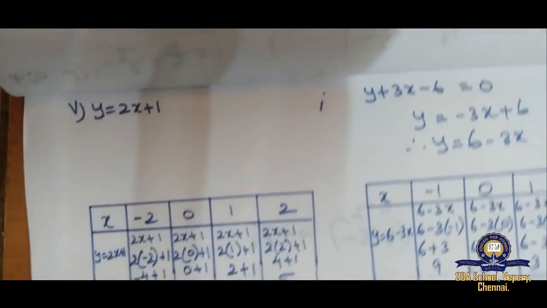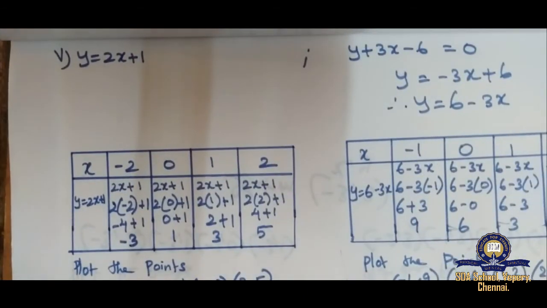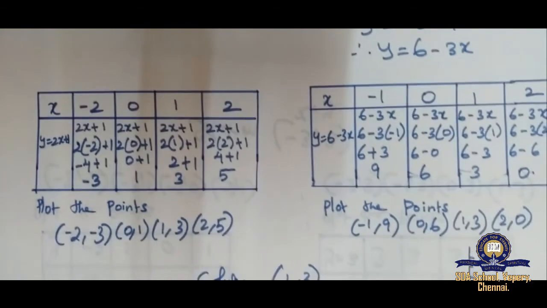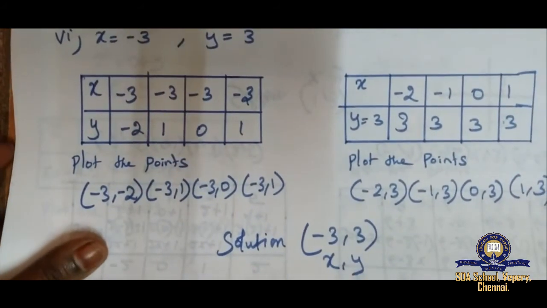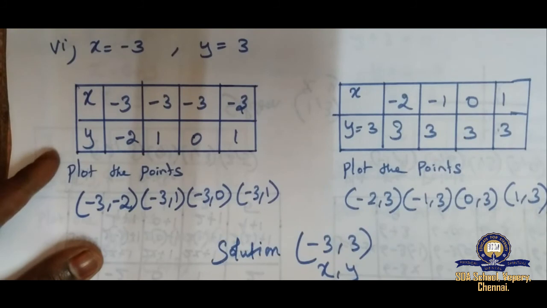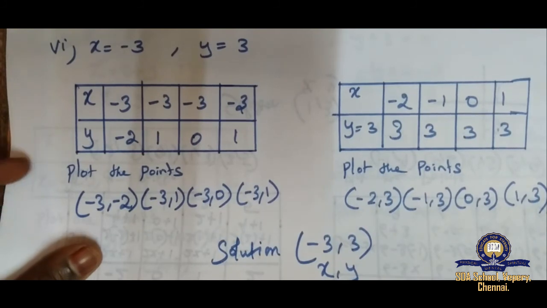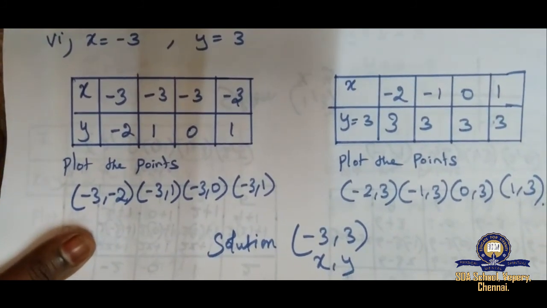Then fifth sum, y is equal to 2x plus 1 and y is equal to 6 minus 3x. Then finally we saw x equal to minus 3 and y equal to 3. After plotting the points, each equation plotted separately, then do the connectivity and you will get a solution.